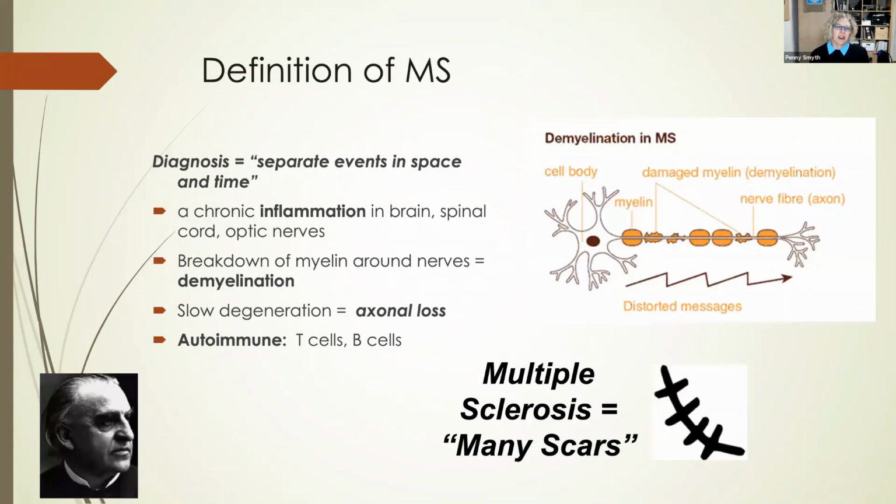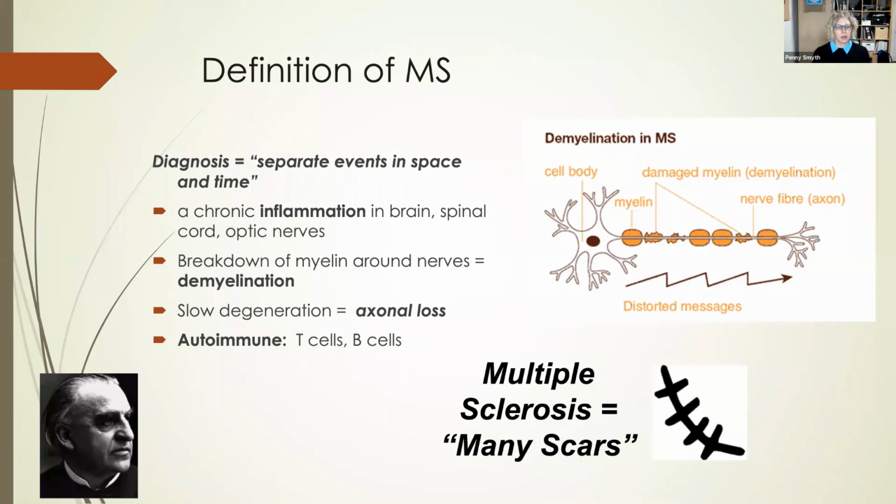MS is so fascinating because while we have had this kind of explosion in research and understanding in the 21st century, we really do stick to the philosophy that was outlined by Charcot in the 1800s around what we think MS is, and that really forms the basis of how we diagnose MS. We look at a chronic inflammation that culminates in events throughout the central nervous system, the brain, the spinal cord, and the eyes, at different places throughout that central nervous system and at different times throughout a person's life.